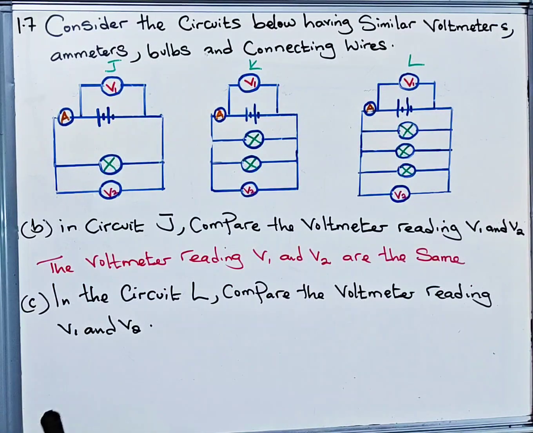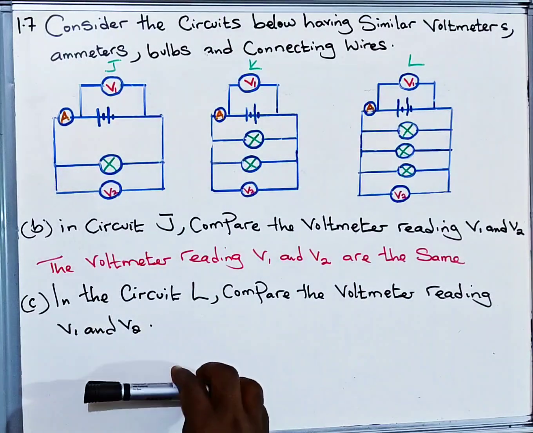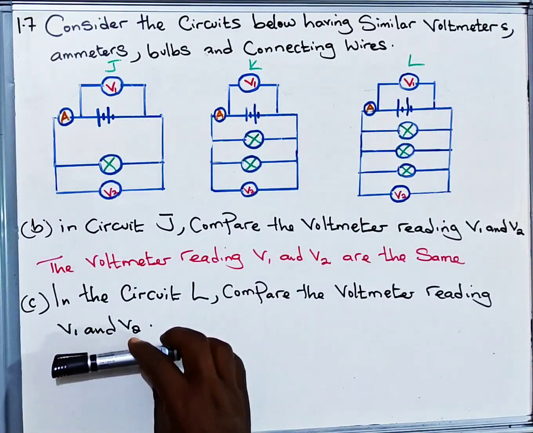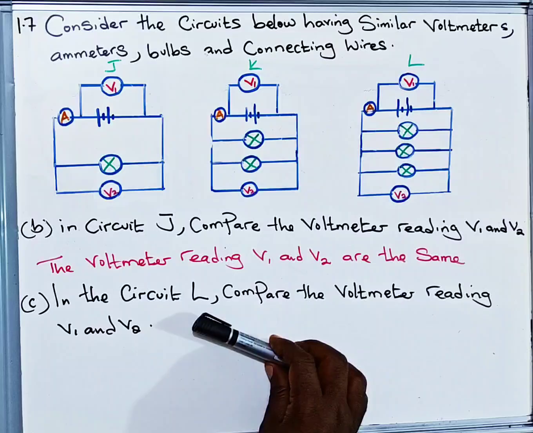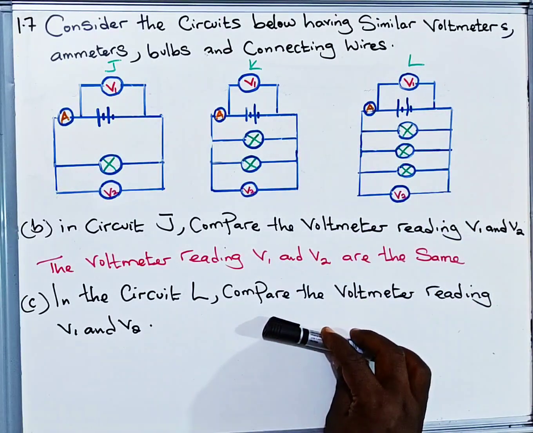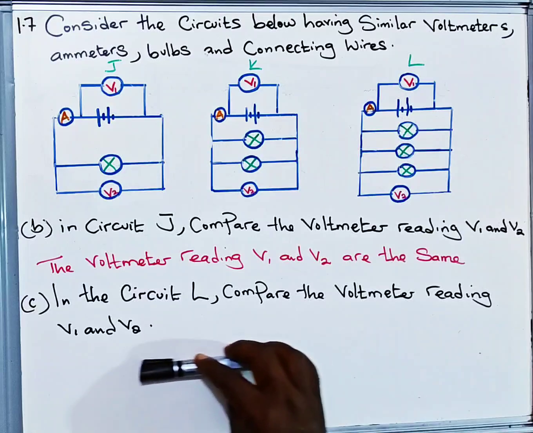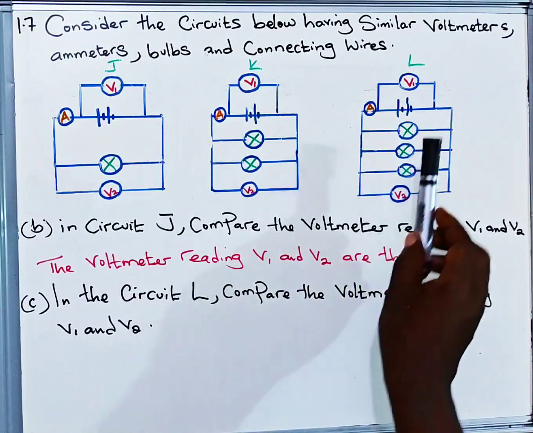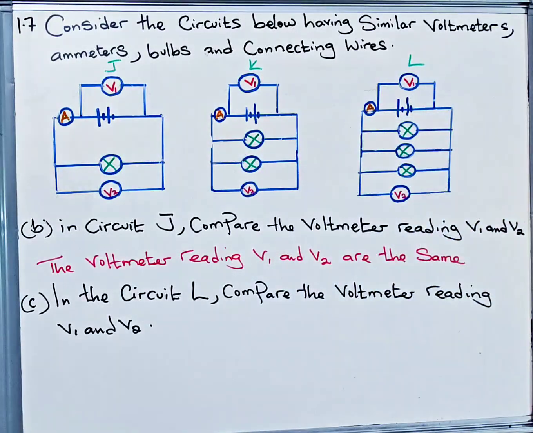Then we come to this case. It says that in circuit L, so this is L, compare the voltmeter readings V1 and V2. This is V1 and V2. How are they related? The answer is that they are the same.